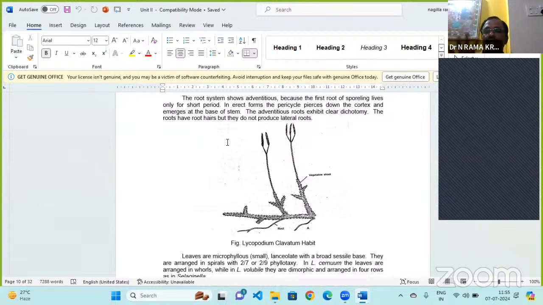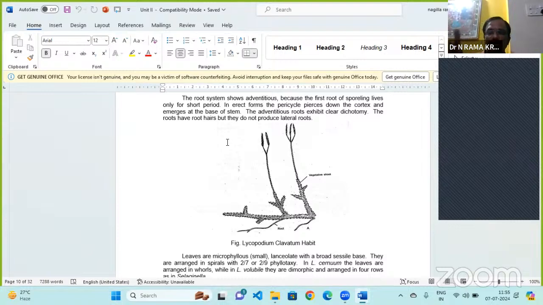You see here in bryophytes, the sporophytic plant body has foot, seta, and capsule. When you come to this group, the foot is modified as the root system, the seta is modified as the stem system, and the capsule is modified into other different systems.